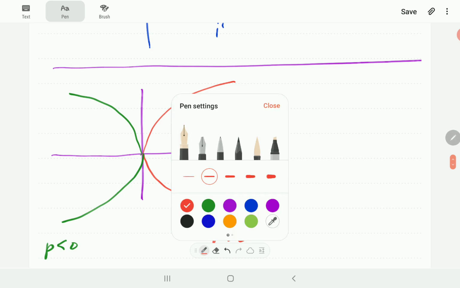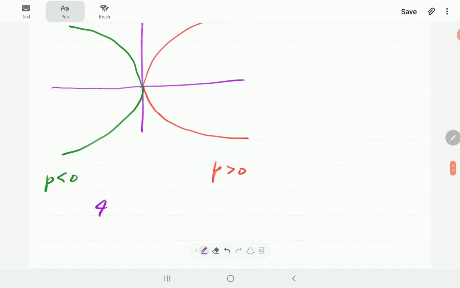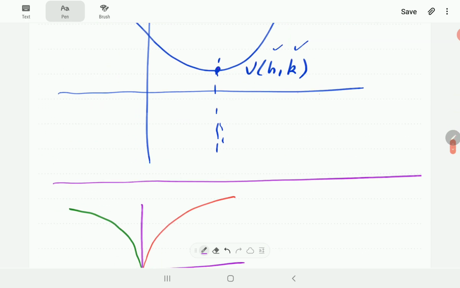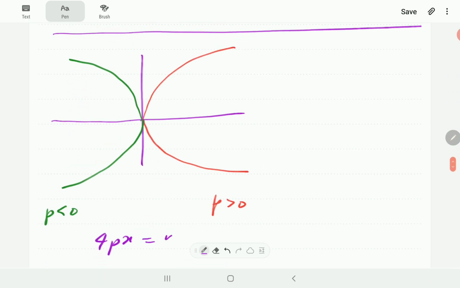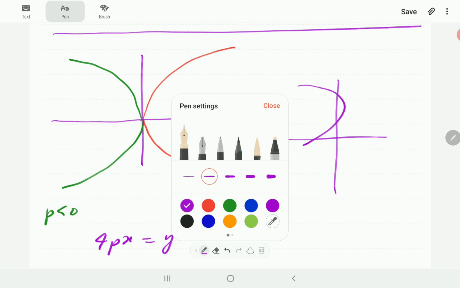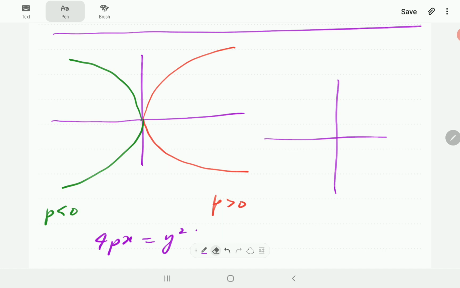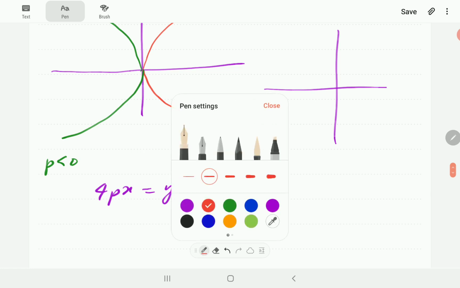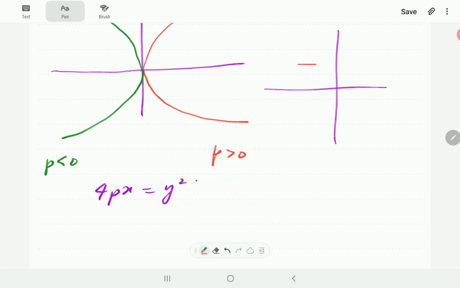The equation for this one is now 4px equals y squared, where it was 4py before. And if the vertex is at a location different from the origin, then we simply do the transformation on those equations.